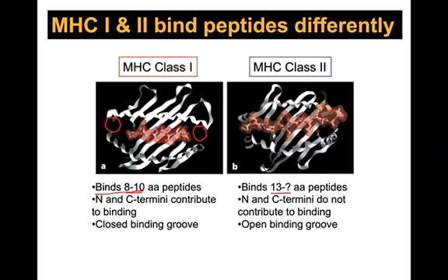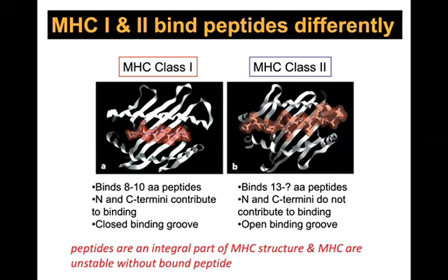Now that has to do with the way that these peptides are generated. MHC class 1 is a much more regulated process, where MHC class 2 is sort of a partial digestion as things are taken in from extracellular sources. Okay, now one thing that I should mention is that the peptide is an integral part of the MHC structure.